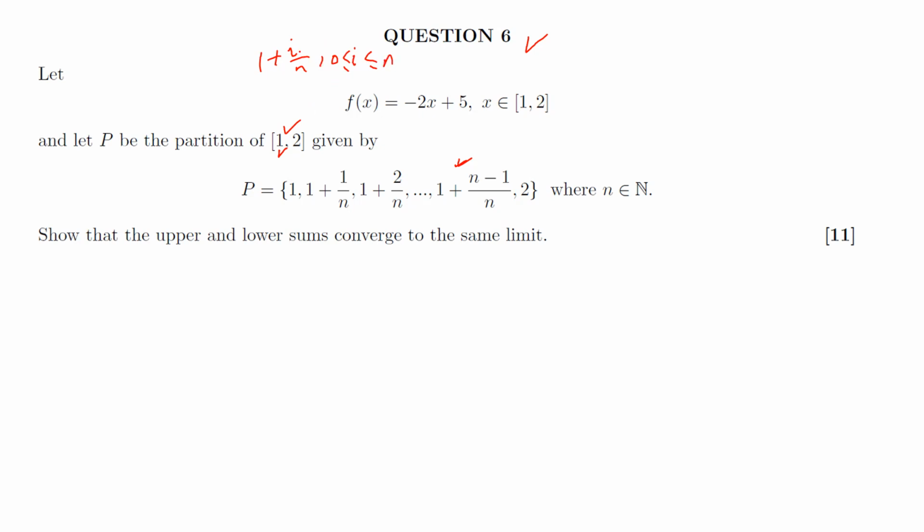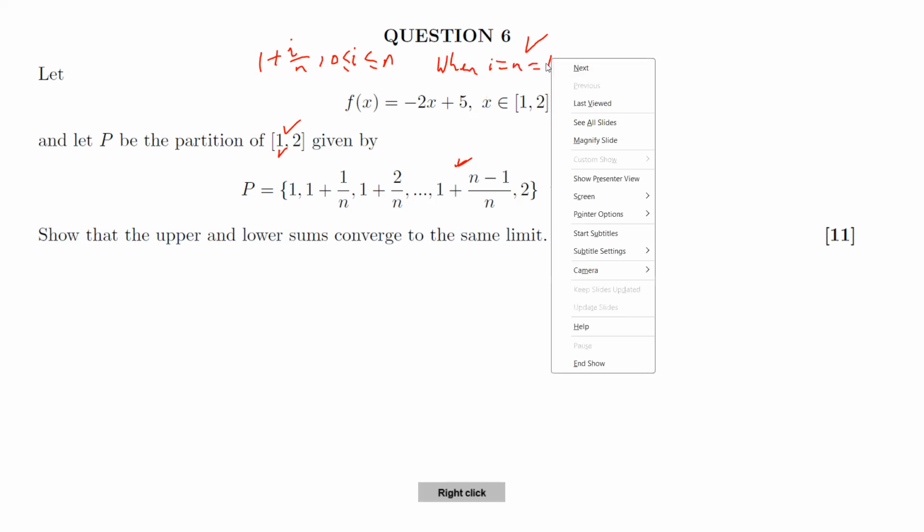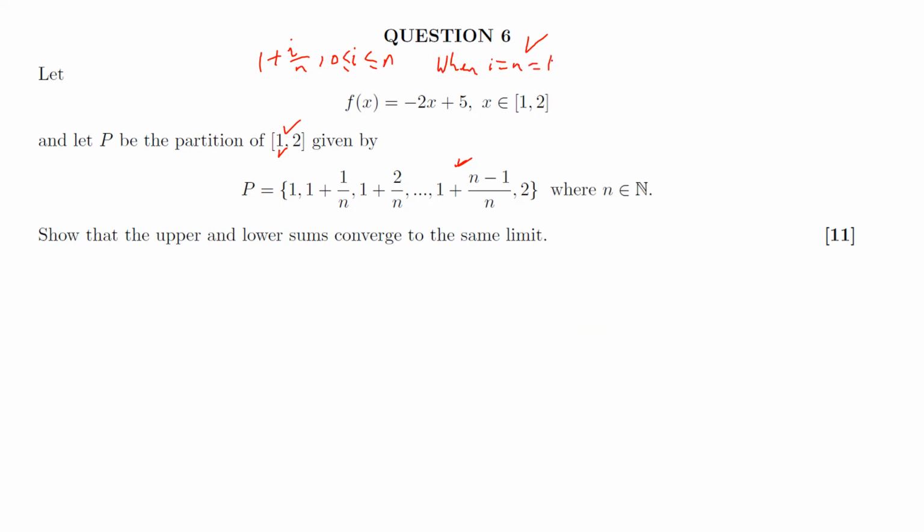Because when i equals n, then you have the 1 plus i over n, which is 1 plus n over n, which is 1 plus 1, which is 2.